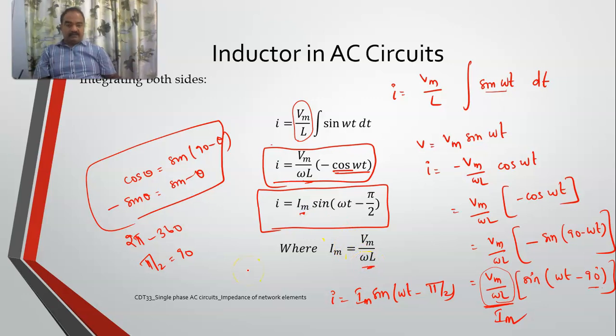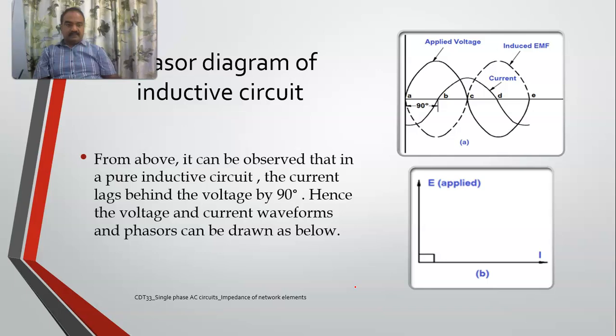Now, if you carefully see, this is my voltage term, this is my current term. The magnitudes may be different, but see the phase angles. Here the phase angle is 0. Here you do have a minus 90 degrees phase angle. Which means that, if this black one is the voltage, current will be starting 90 degrees after the voltage.